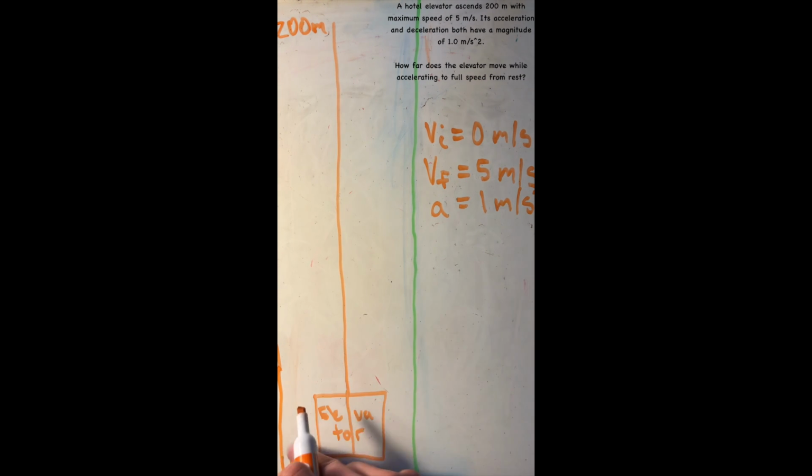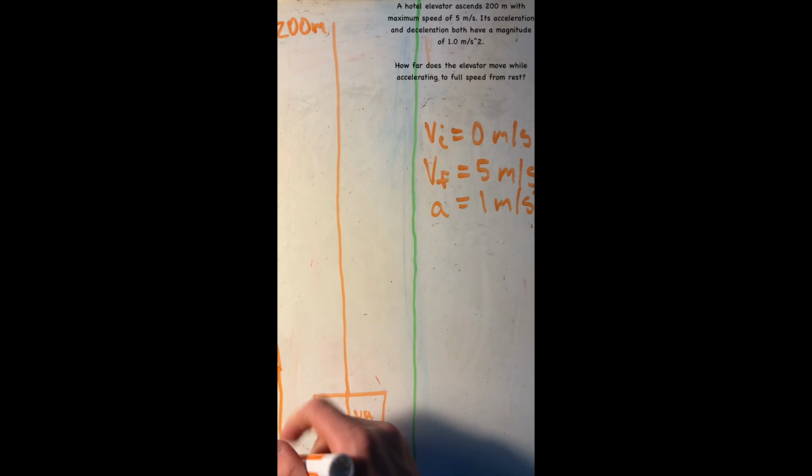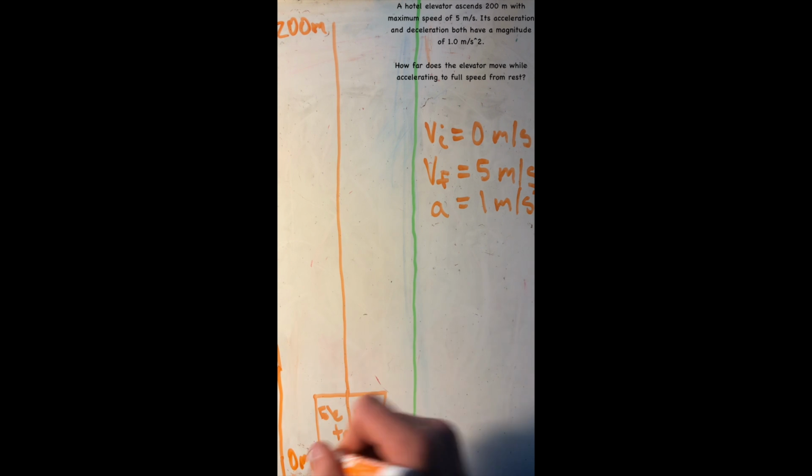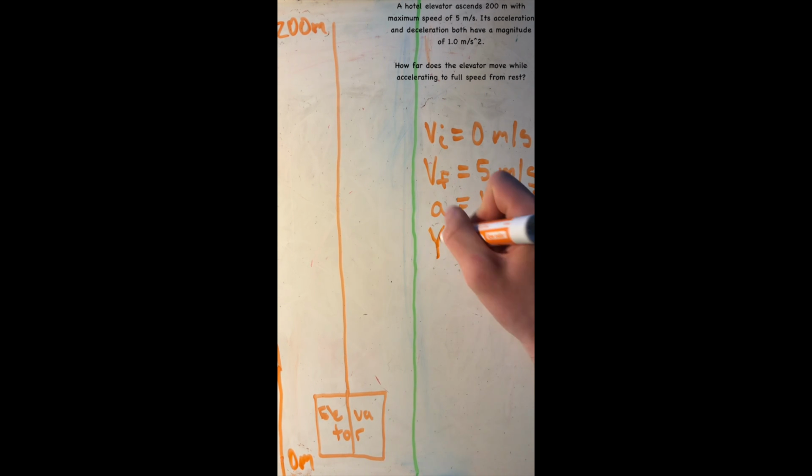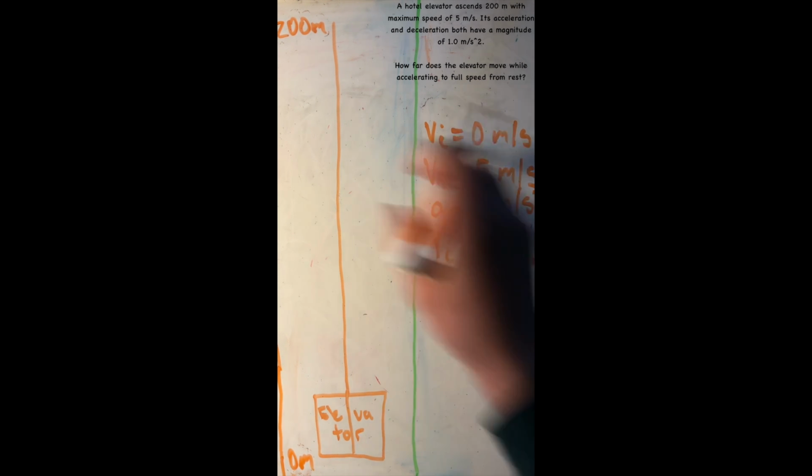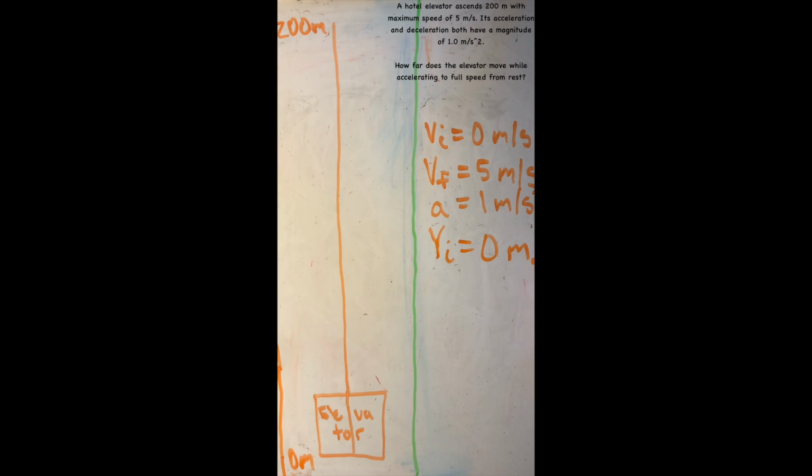So this is going to be 0 meters, right there. And therefore we can label y initial as 0 meters.